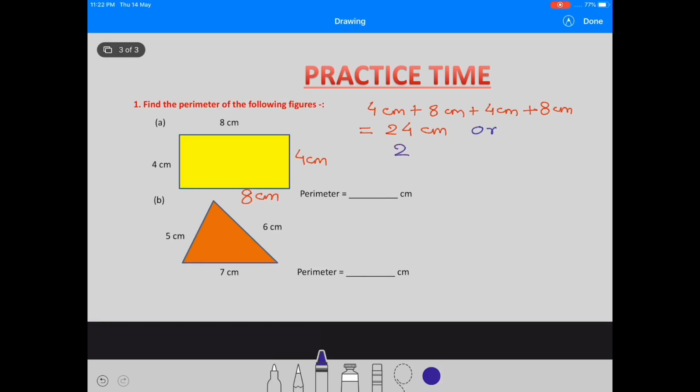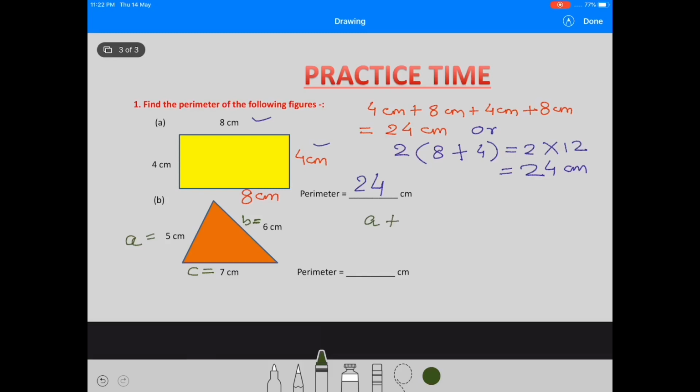Or perimeter is equal to 2 into (length plus breadth). Here length 8 cm plus breadth 4 cm is equal to 2 into 12 is equal to 24 cm. So the perimeter here is 24 cm. Now for the triangle, let A be 5 cm, B be 6 cm and C be 7 cm.